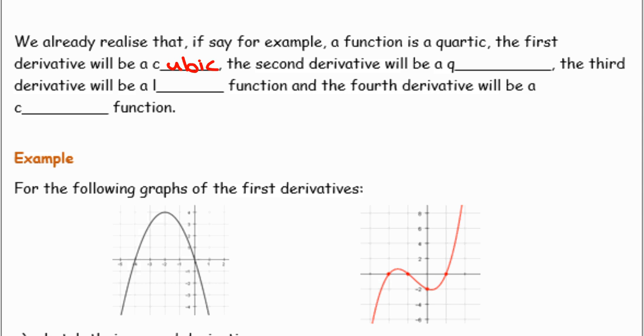So if it's a quartic, the first derivative will be a cubic, the second would be a quadratic, an x squared. The third derivative would be linear. And then the fourth derivative would be a coefficient. Do you remember what it's called when it's a flat function? Constant, yeah. Constant function.